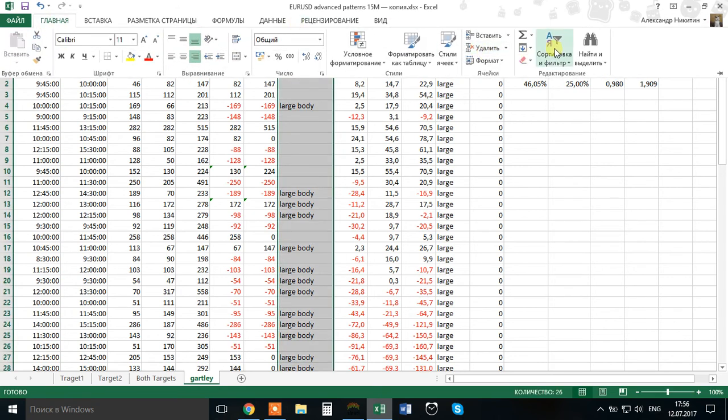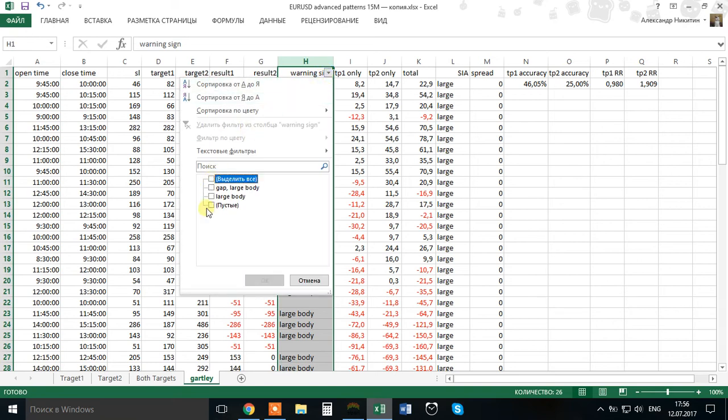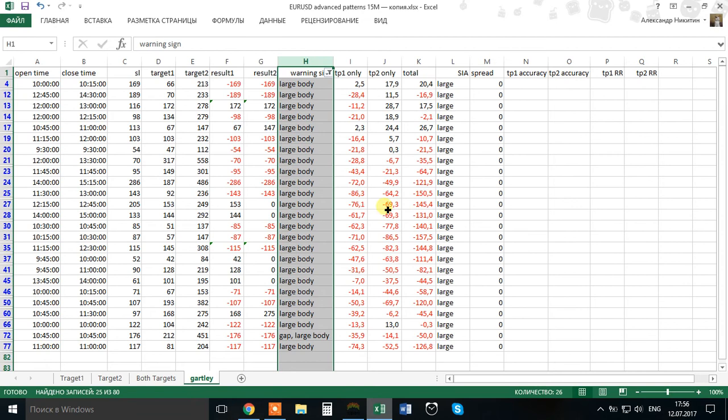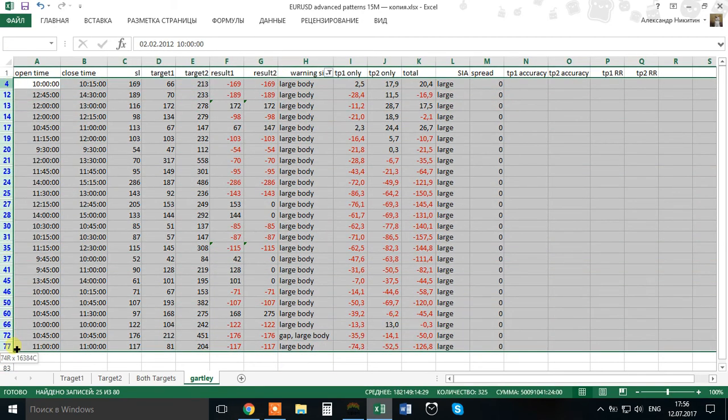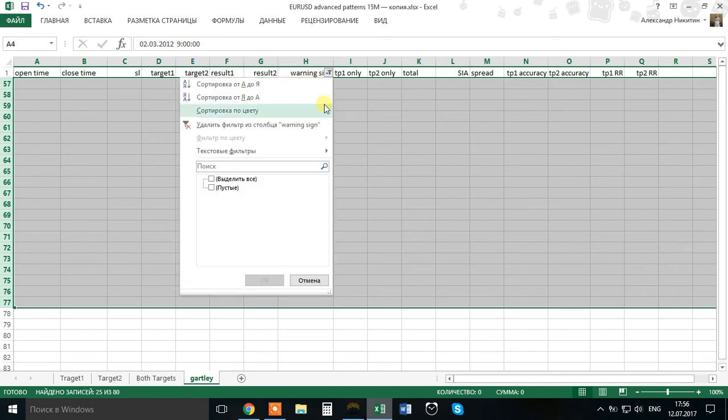Go to filter. Yes, let me choose only large expansion bars. I even had some gap here. It was a gap and a large body, and we have large bodies. Okay, I want to delete them all, as if I never traded them, as if I never took them, as if I just skipped them, being disciplined. That's it. We don't have them.